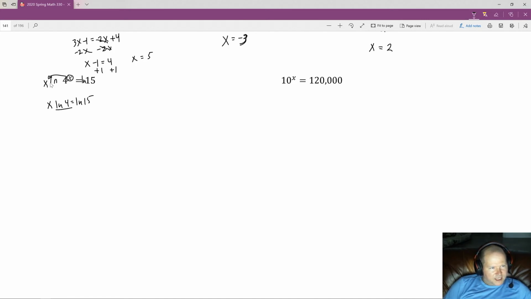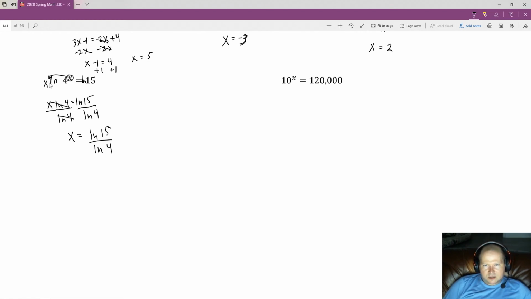To solve for x, I would divide both sides by natural log of 4. Those would cancel out, and your exact answer would be the natural log of 15 over the natural log of 4. You can do the same thing with base 10 log and you'd get the exact answer. If you want an approximation, you'd have to plug this into your calculator.